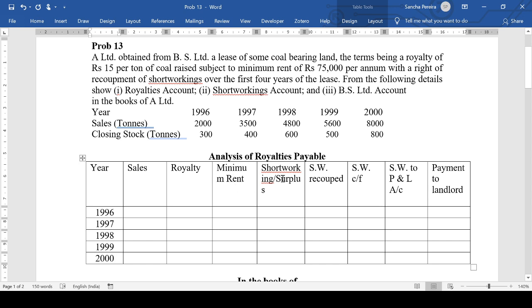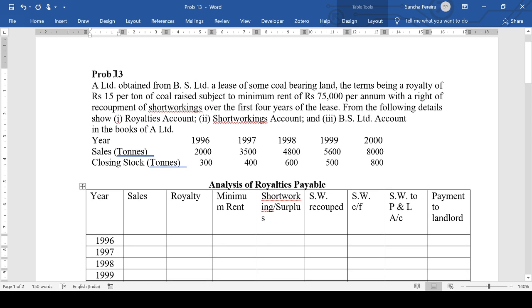So let's see what amounts come here. Let's go through this again. A Limited obtained from BS Limited a lease of some coal bearing land, the term being a royalty of rupees 15 per ton of coal raised. So in the first year, how much am I going to write?